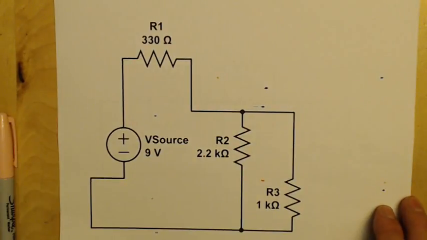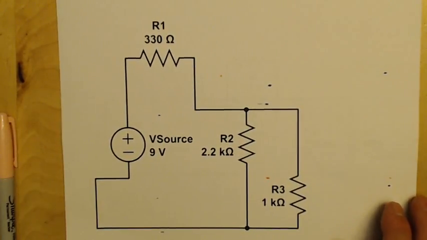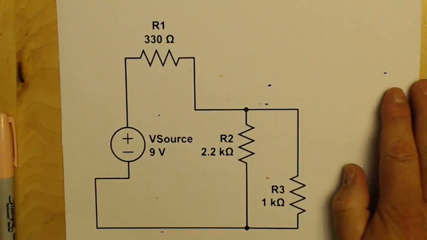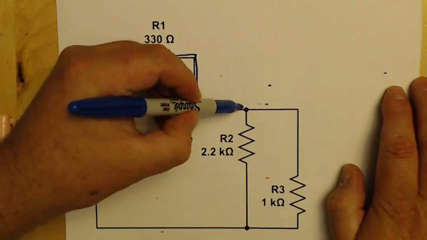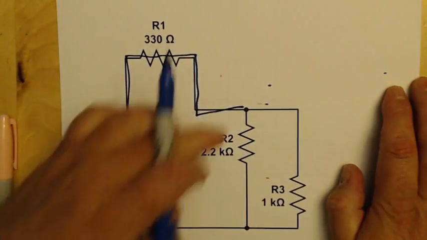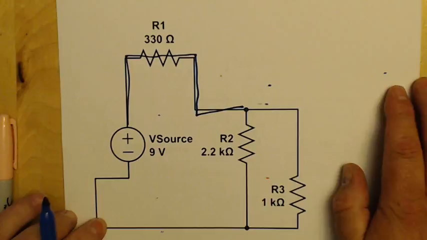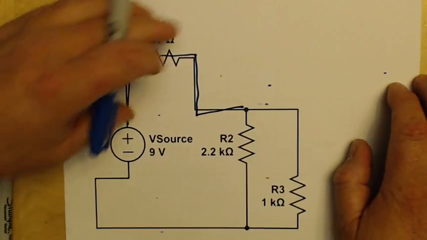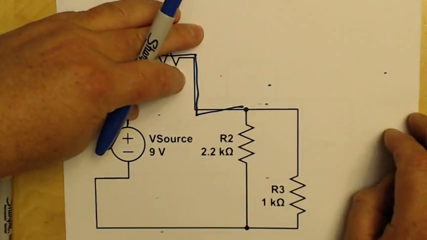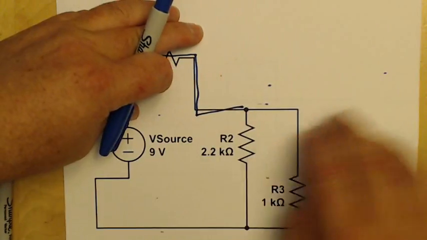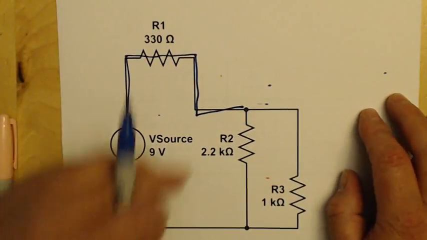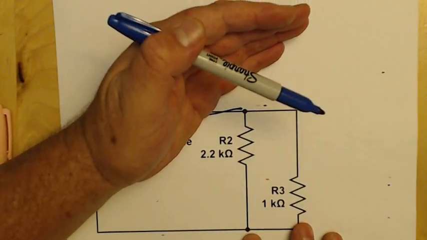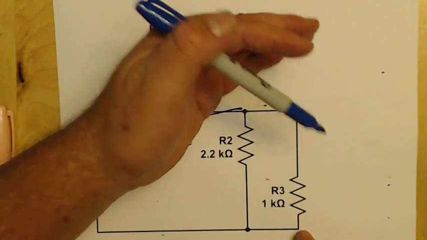Okay, now let's take a look at this. This particular one's interesting. It has up to this point only one path and then two paths. And this is in fact called a series parallel circuit because these two components are in series with this component, and these two components here are in parallel with each other.